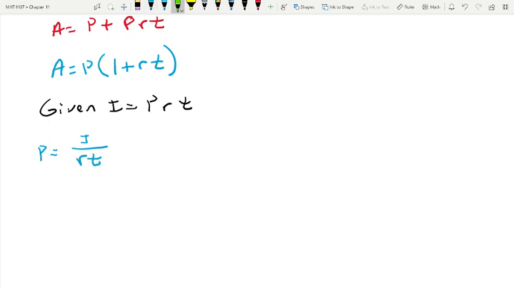If I solve this for R, R is going to be I over PT. And if I solve this for T, T would equal I over PR. So I just took that formula and solved it for each of the variables. Okay. So that is simple interest.